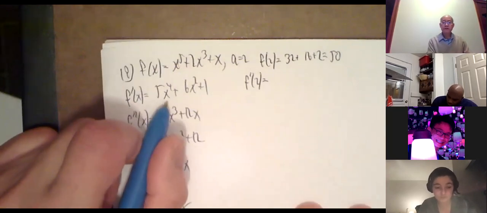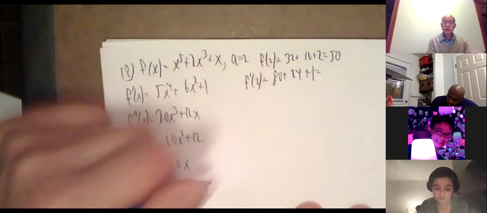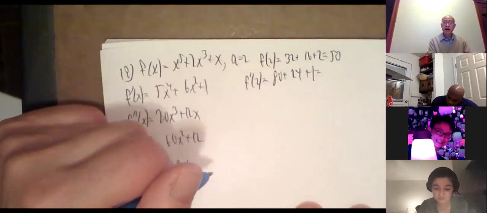f prime of 2: 5 times 16 is 80, plus 6 times 4 is 24, plus 1, 105, I think. At least you're getting the theory. So hopefully you get the theory, even though my arithmetic might be messed up.